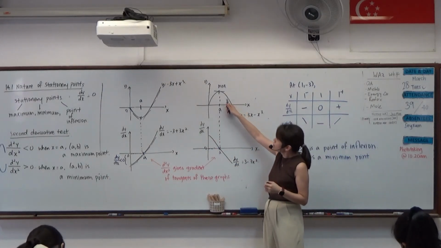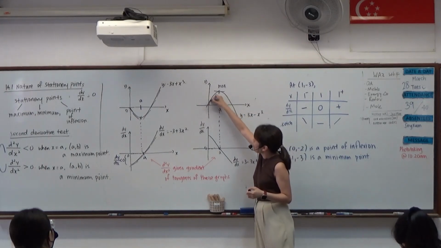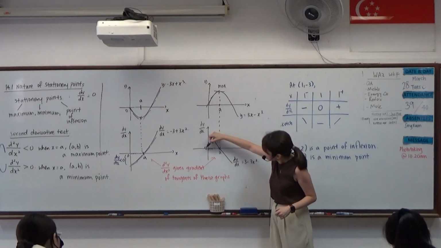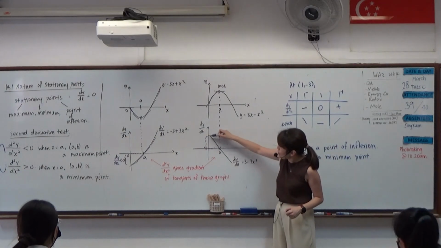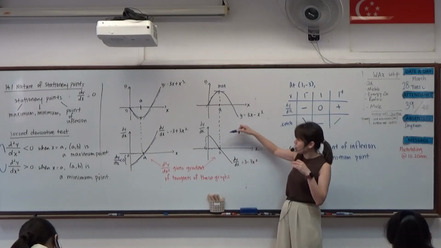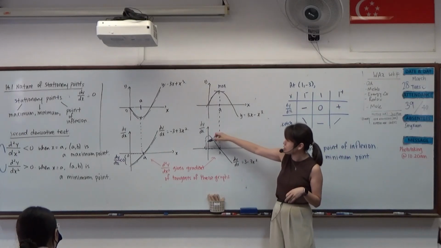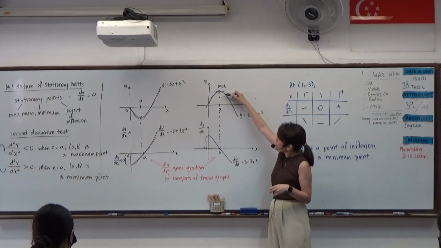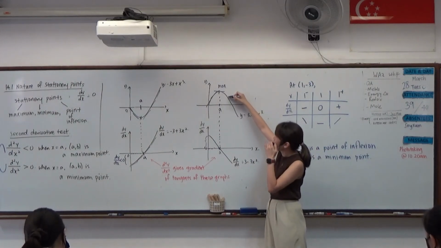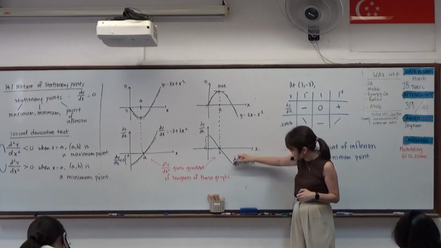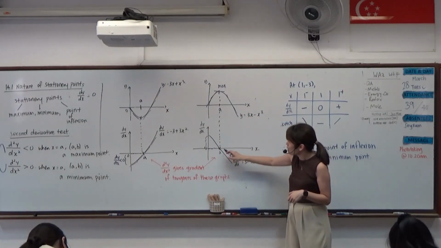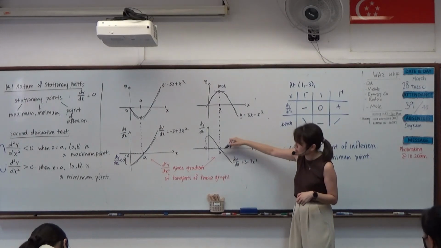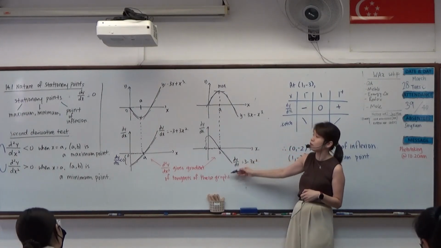Then to the left of A, we find that our tangents are always upward sloping, positive in value, which explains why these points are above the x-axis, and your dy over dx have positive values. Whereas over here, your tangents are all downward sloping, so our dy over dx values are negative.